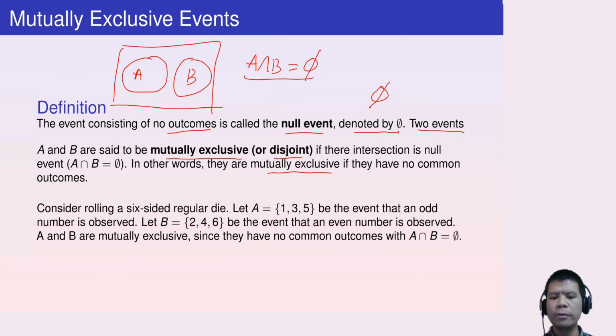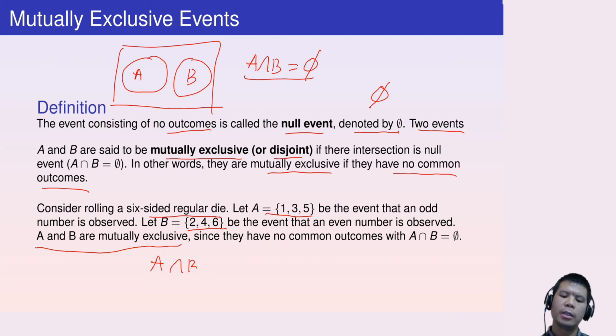They are mutually exclusive if they have no common outcomes. Let's consider this example. Rolling a six-sided regular die, A is the odd numbers, B is the even numbers, and A and B are mutually exclusive, right? You can see that for A intersect B, there's nothing in common. So therefore, we say that A and B are mutually exclusive.